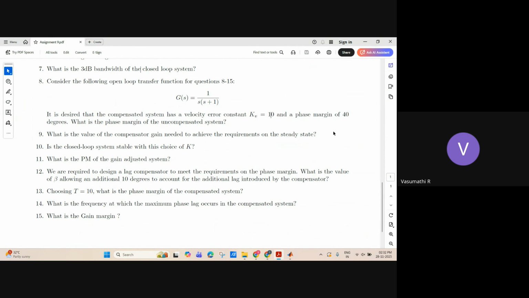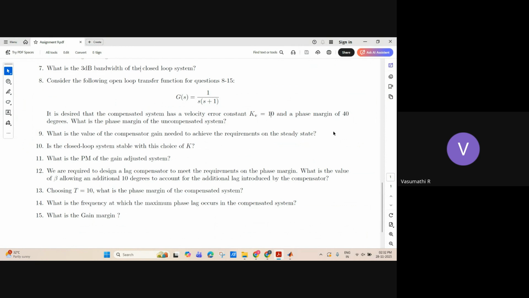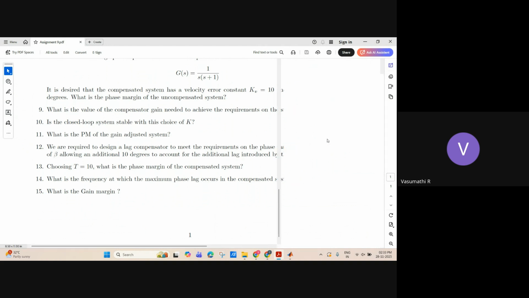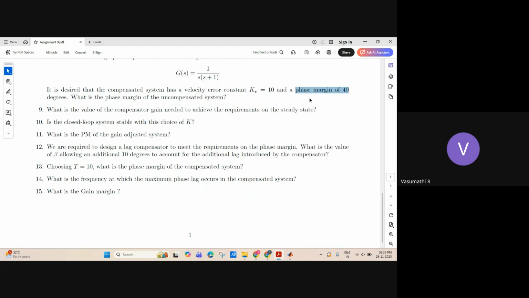We are required to design a lag compensator, allowing an additional 10 degrees to account for the additional lag introduced by the compensator. So already we have 40 as our criteria. Additional lag of 10 we have to consider, that is 50.